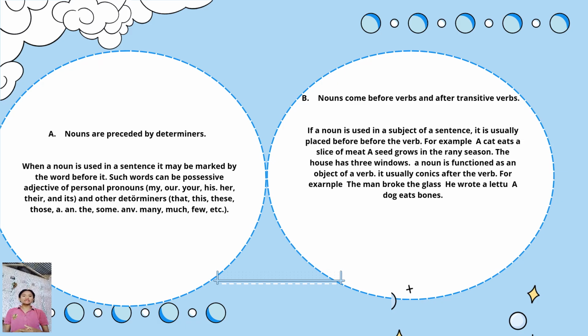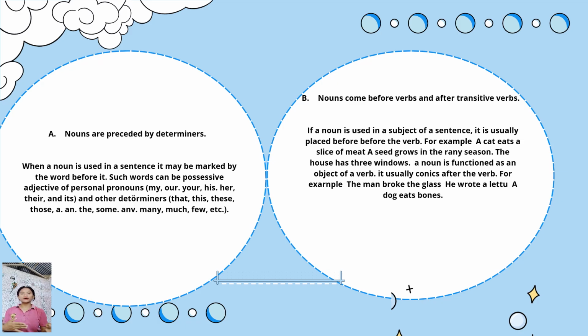And we move to the next option: nouns can be placed before verbs and after transitive verbs. If a noun is used as the subject of a sentence, it is usually placed before the verb. For example, a cat eats a slice of meat, and a seed grows in the rainy season.